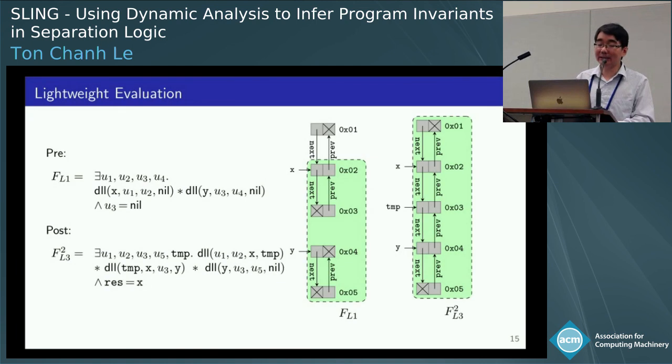However, the second solution at L3, F2 here, doesn't follow the frame rule on the second trace. Furthermore, you can see that the residue heaps, the frames outside of the green box here, are different, so they are mismatched.